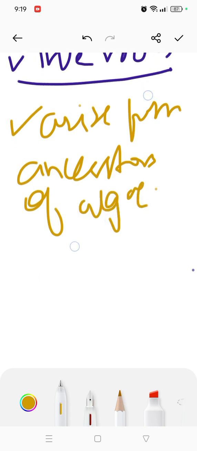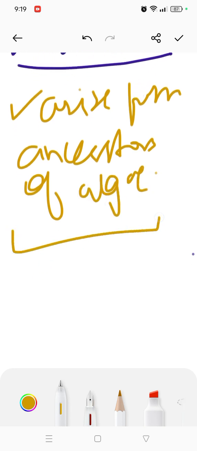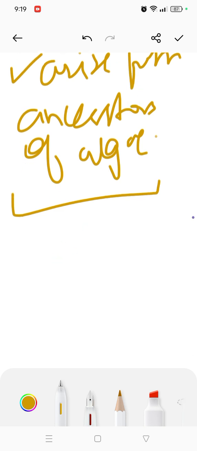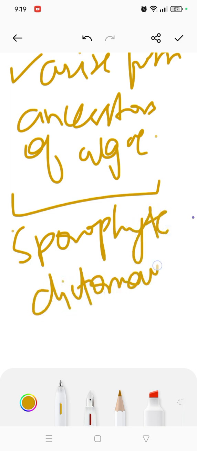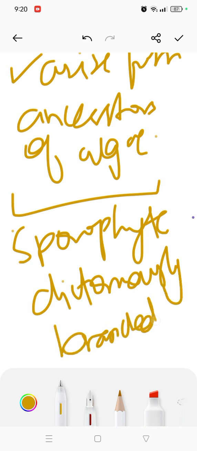And you'll also see that the sporophyte here is dichotomously branched.